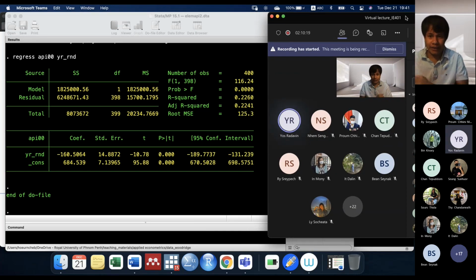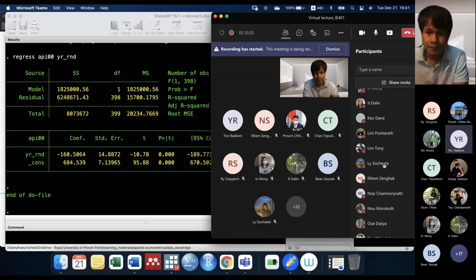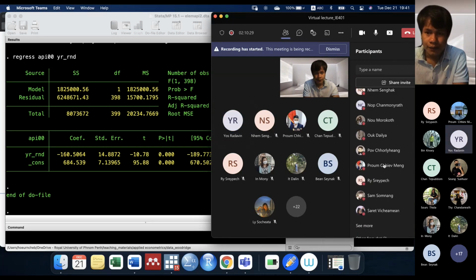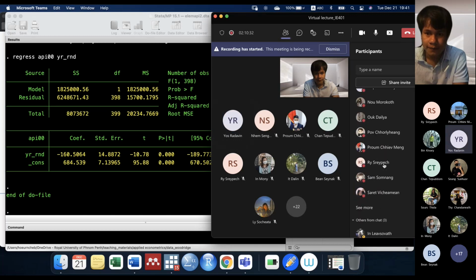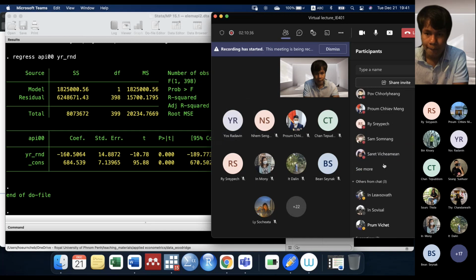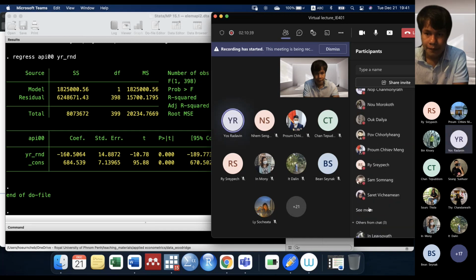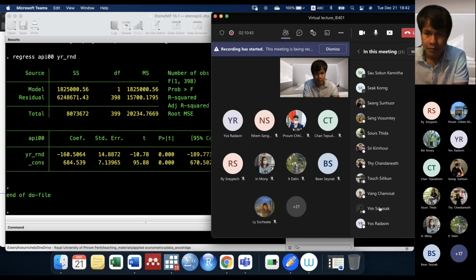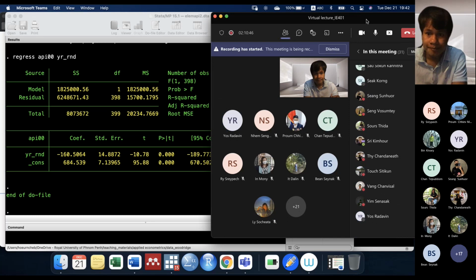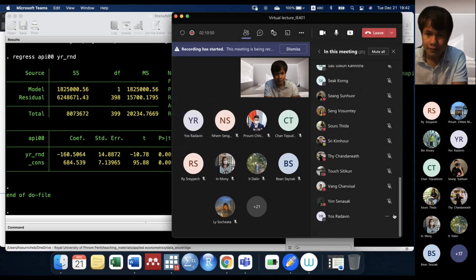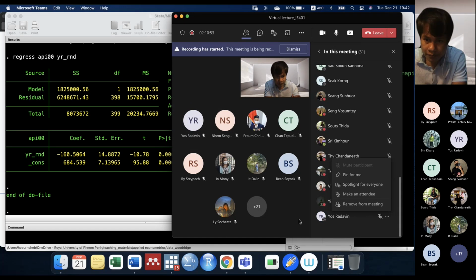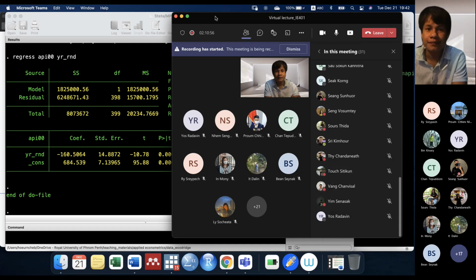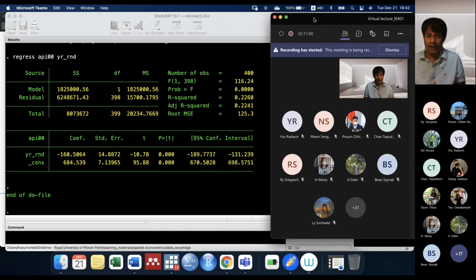Guys, how should you interpret this result? Can you say something about this result? How could you interpret this result?